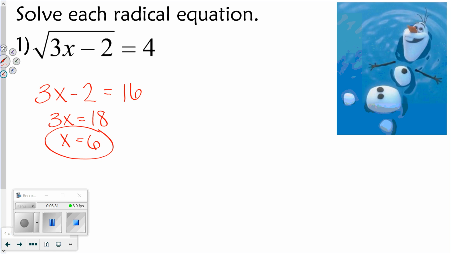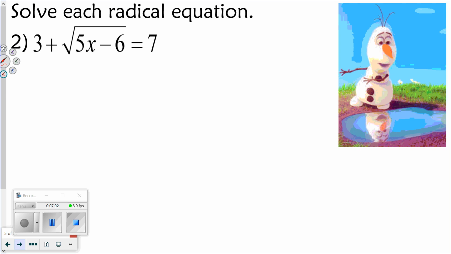And then underneath, you would type in 3 times 6 minus 2, all underneath your radical. Hit equals and see if it's 4. Good? Yay! All right, so that's how you check. You take your answer, you plug it in, you can type the whole thing right in underneath the radical, see what you get, see if it's what it says it should equal. Okay?